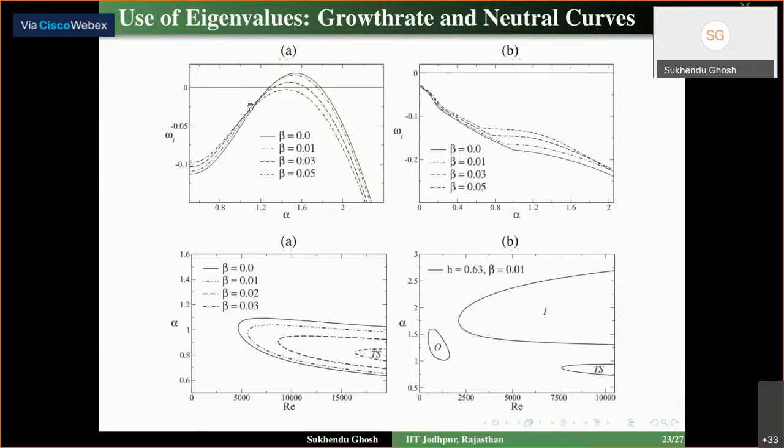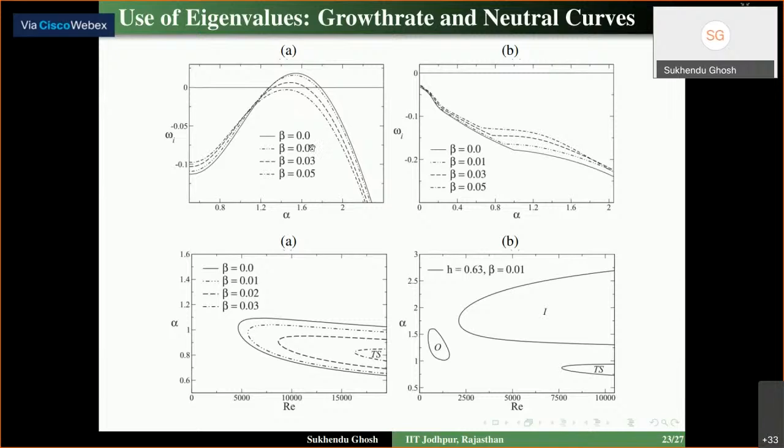If you plot it with respect to the parameter alpha, you can see certain behavior of the eigenvalues, and depending on this behavior you can conclude some instability behavior, which I am not going to discuss here.